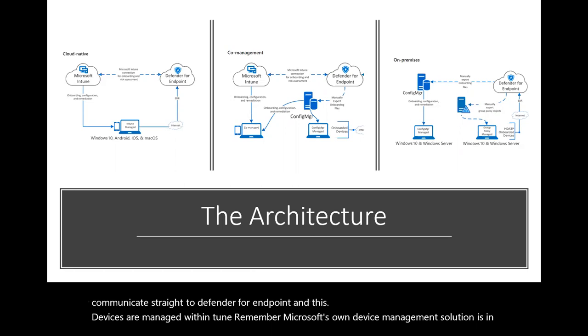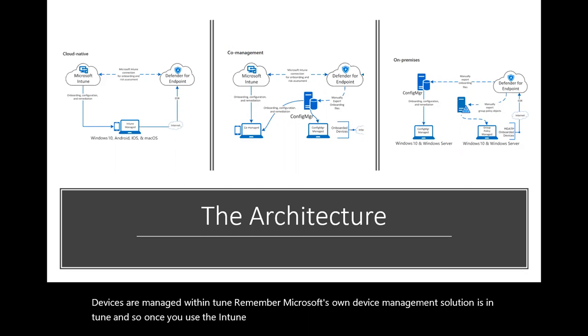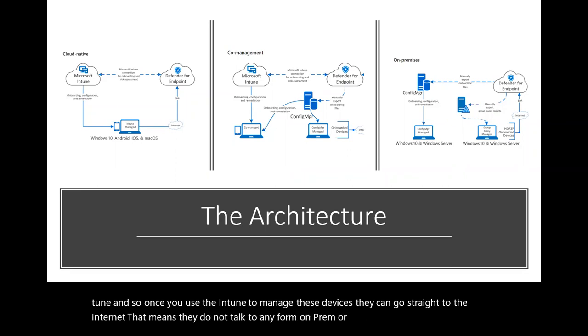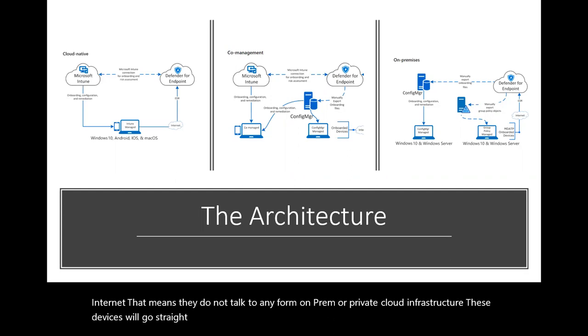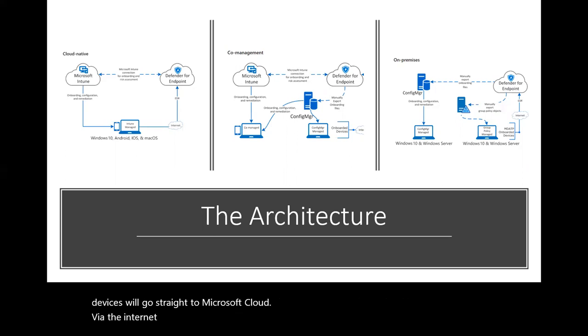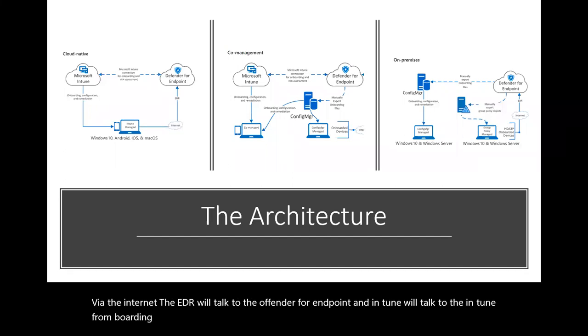Once you use Intune to manage these devices, they can go straight to the internet. That means they do not talk to any form of on-prem or private cloud infrastructure. These devices will go straight to Microsoft Cloud via the internet. The EDR will talk to Defender for Endpoint, and the Intune will talk to the Intune service for onboarding and configuration and remediation policies.